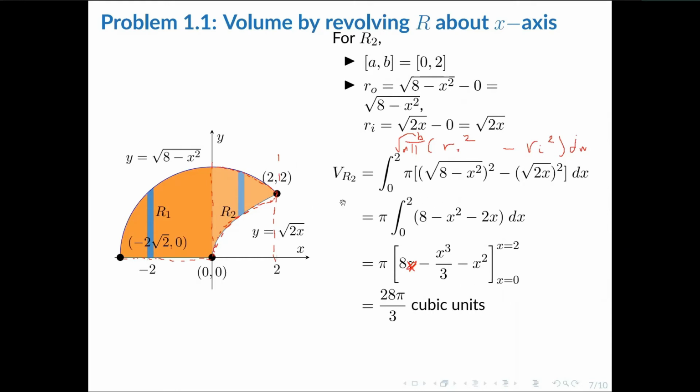So ito ay para lang sa volume when R2 is revolved about the x-axis. So the volume for the entire region R is equal to the volume from R1 plus the volume from R2. So the final answer would be pi times the quantity 32 square root of 2 plus 28 all over 3 cubic units.